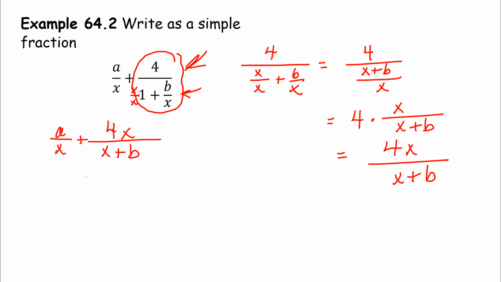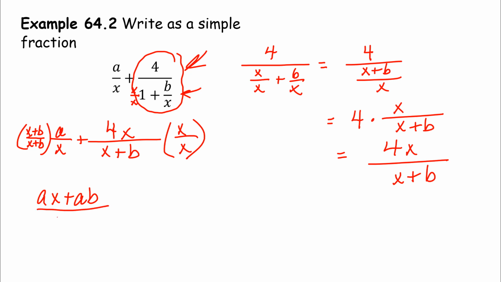The common denominator for these two fractions is going to be x times x plus b. So I'll need to multiply this first fraction by x plus b over x plus b. And I'll multiply this second fraction by x over x. So first fraction, we're going to have ax plus ab over x times x plus b.